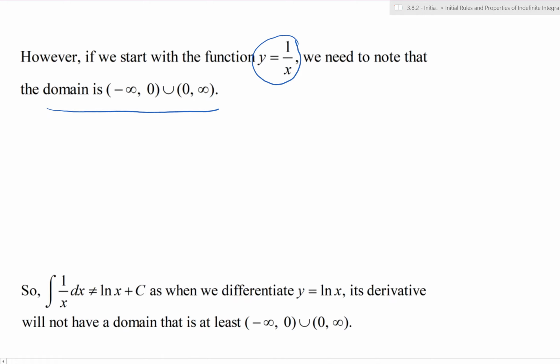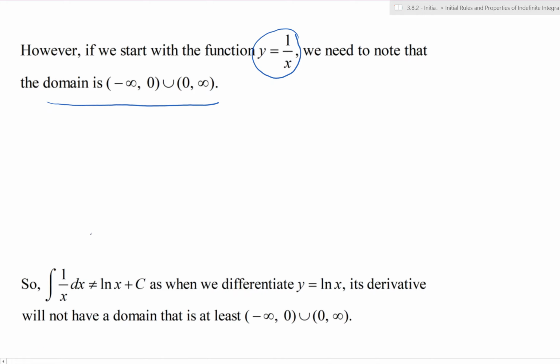And so when we're asked to find the family of curves that have derivatives equal to 1 over x, it cannot be the natural log of x plus c, because if we start with the natural log of x and we differentiate it, then its derivative will not have a domain that is at least all of these numbers, all real numbers excluding 0. So there's no way that that can happen.